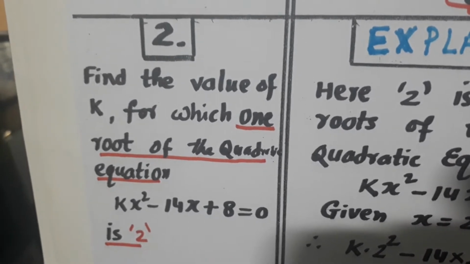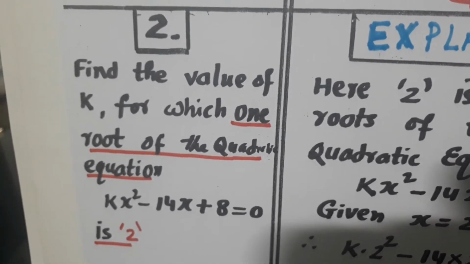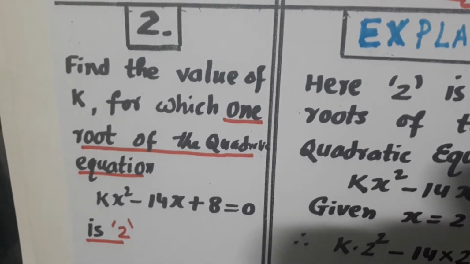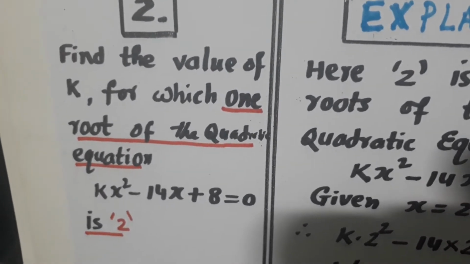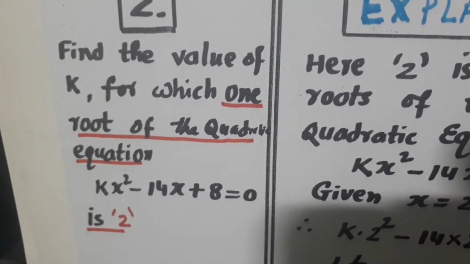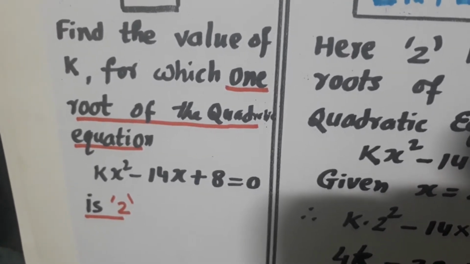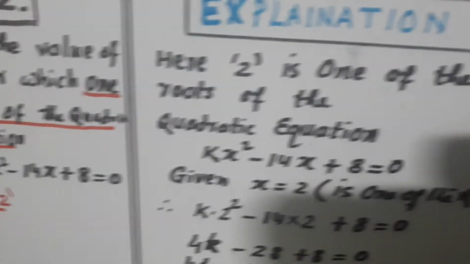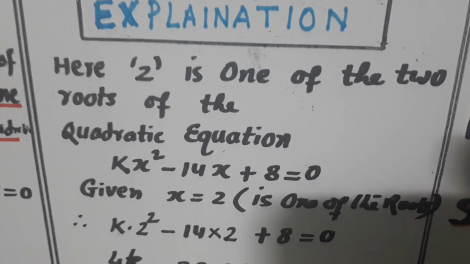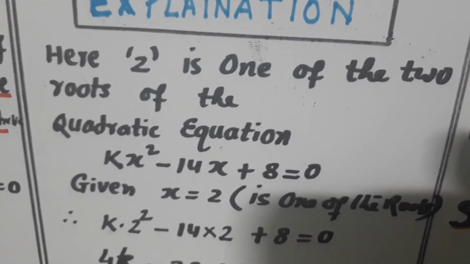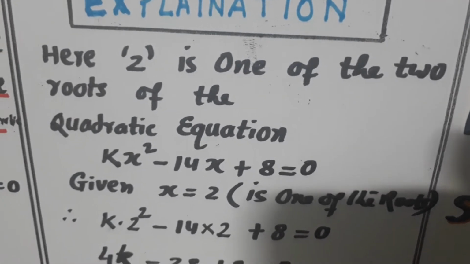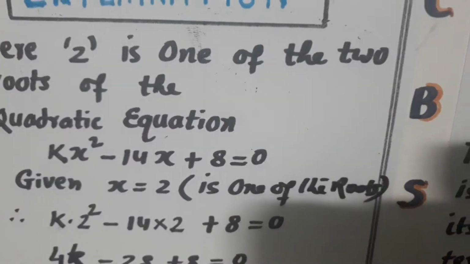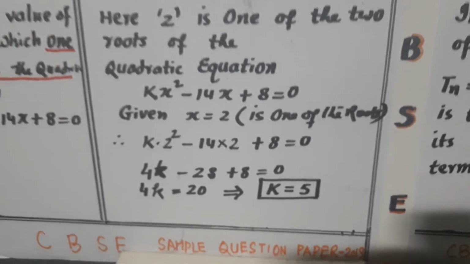Find the value of K, for which one root of the quadratic equation kx square minus 14x plus 8 equal to 0 is 2. One of the roots is 2. It means the value of x is 2. Now let us put x equal to 2 in kx square minus 14x plus 8.